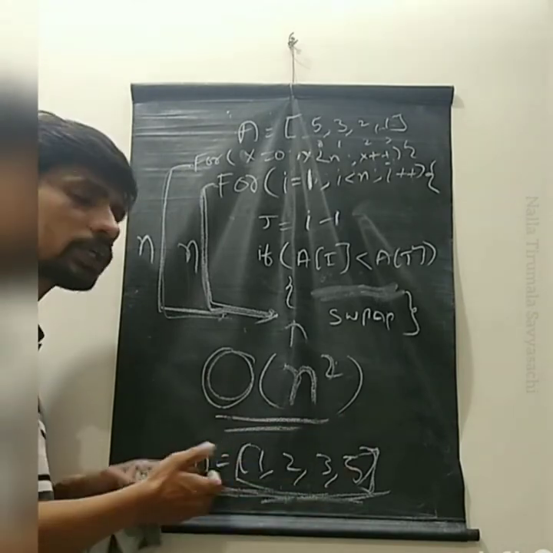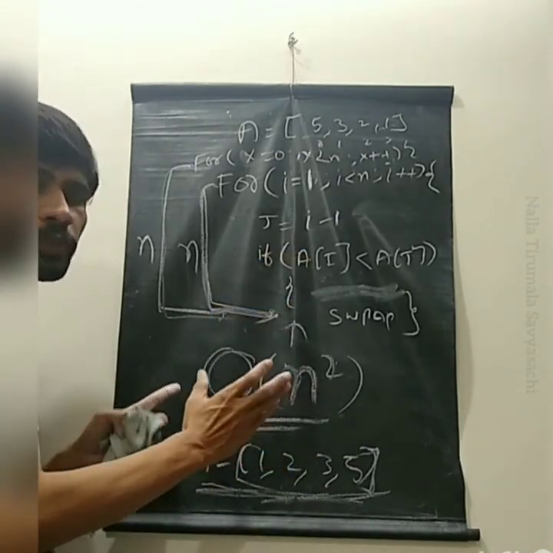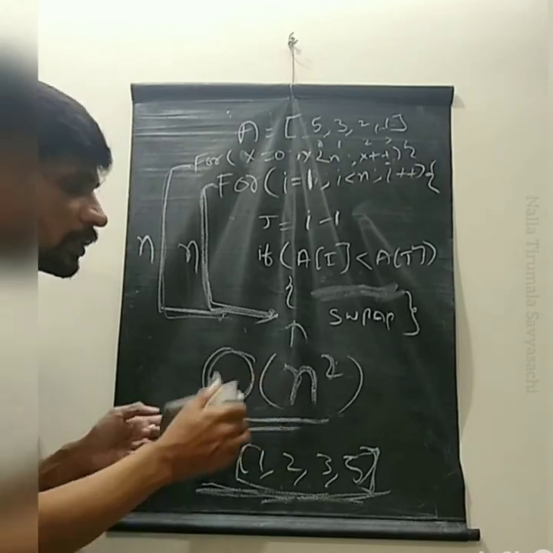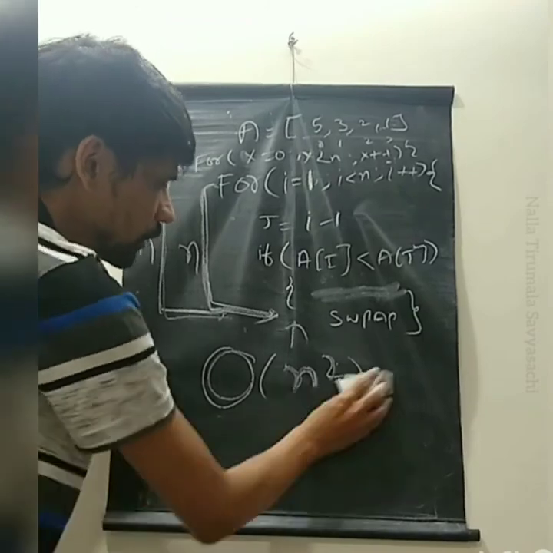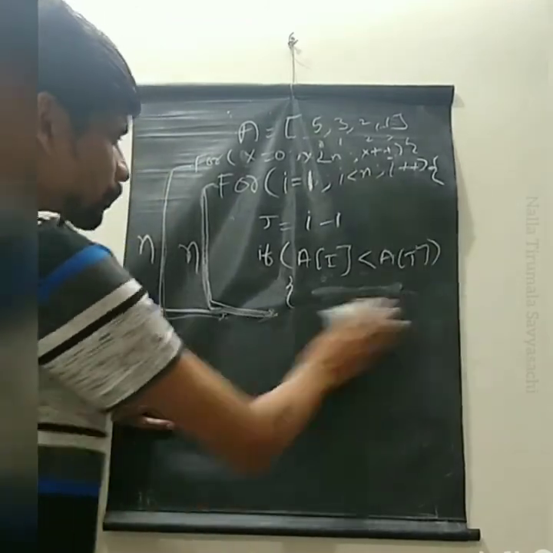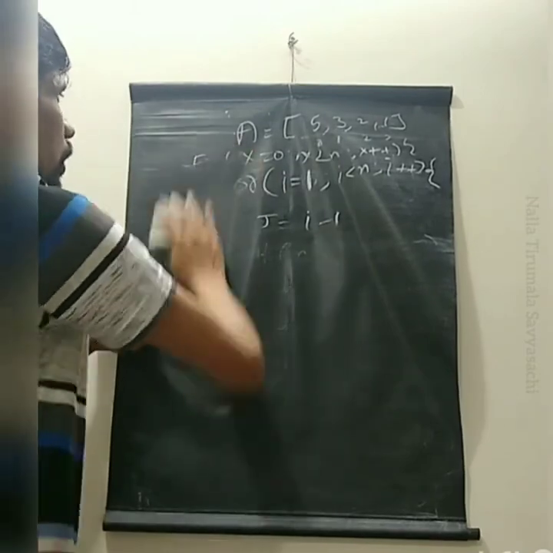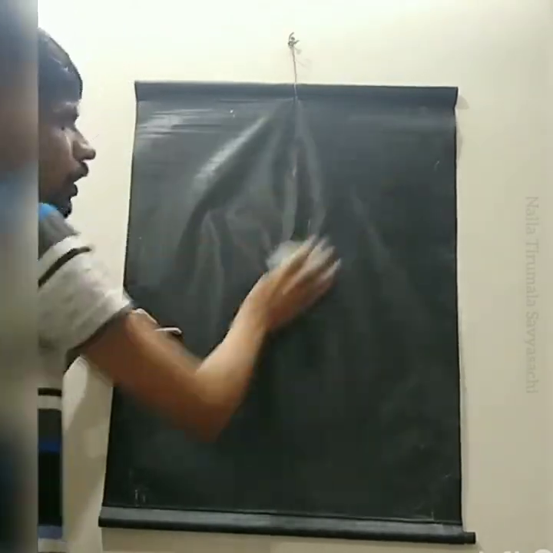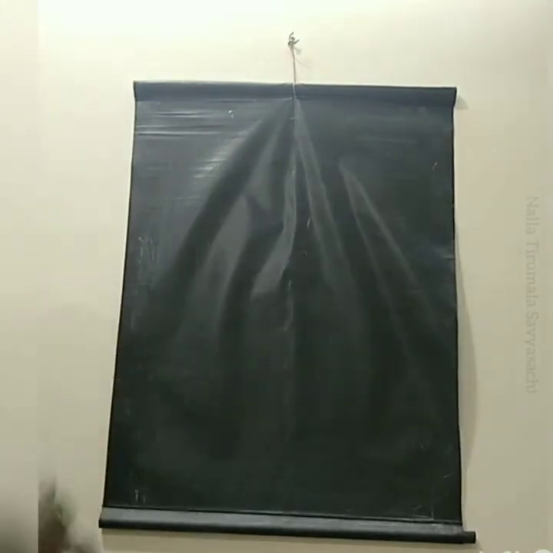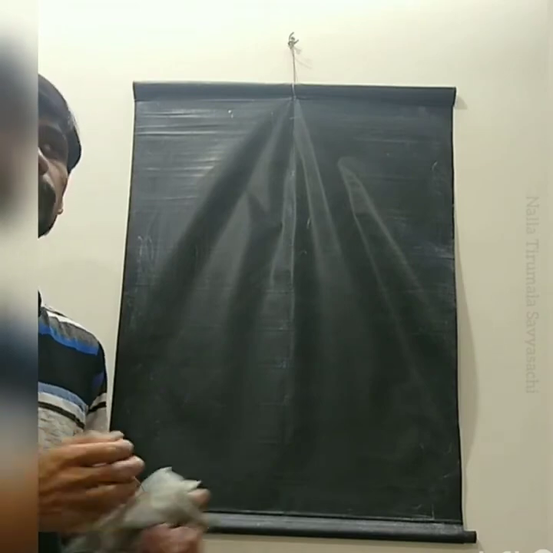But if it is already in sorted order, I don't want to spend this much complexity. So we will write another algorithm so that it will behave based on the input. If my input is already in sorted order, then there is no need of big O of n square complexity.